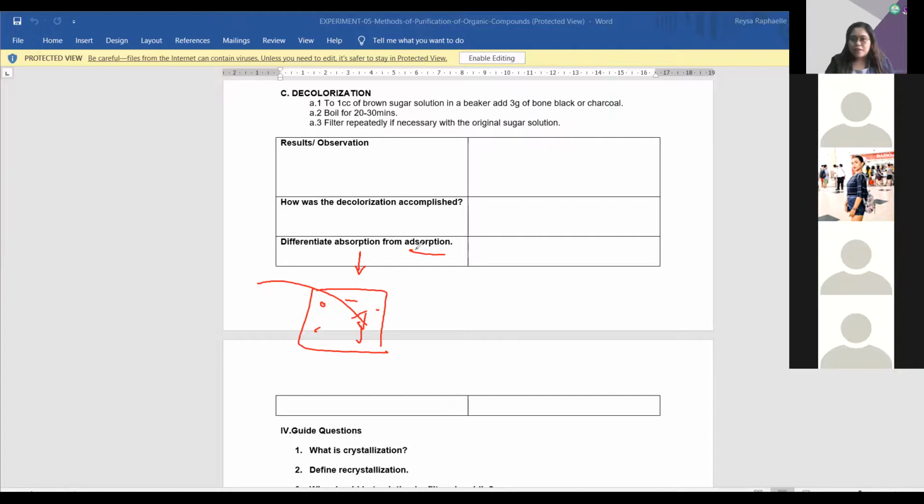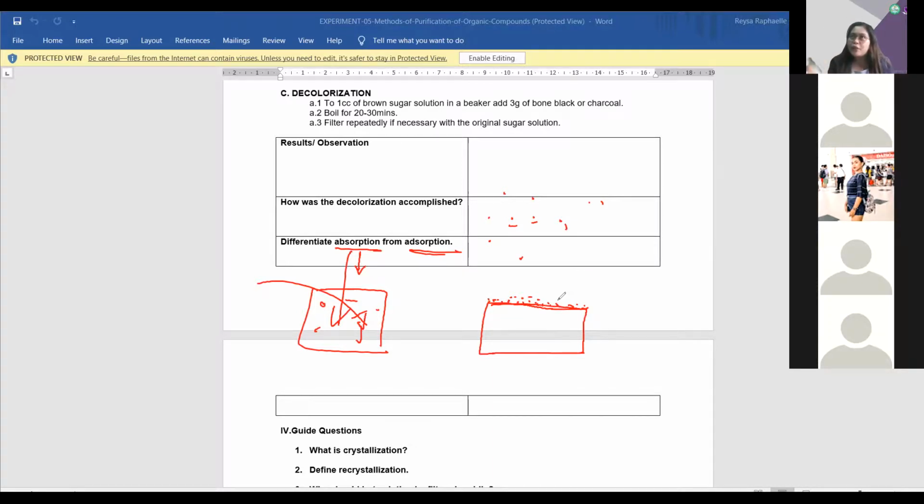That's actually the process of adsorption, because charcoal is really capable of doing that. For example, this is a piece of charcoal here. When there are particles, especially gas particles, it can make them stick to its surface. They will not go inside the charcoal, unlike absorption where it really goes inside the absorbing material. Charcoal only holds things on its surface, but nevertheless it can capture them.